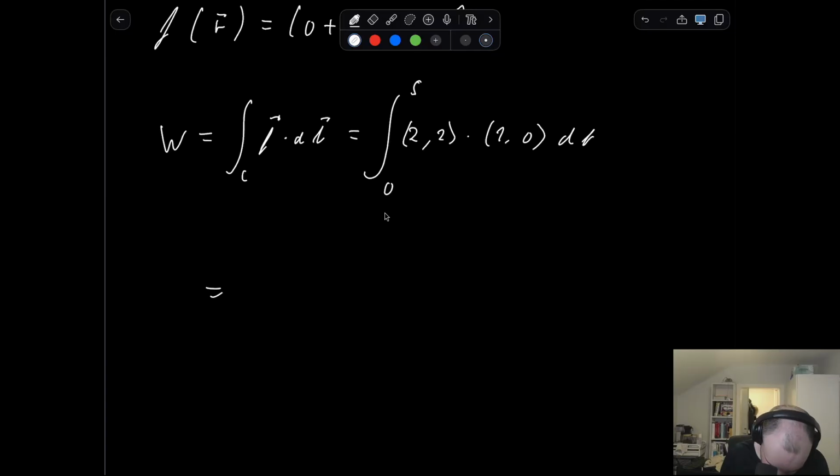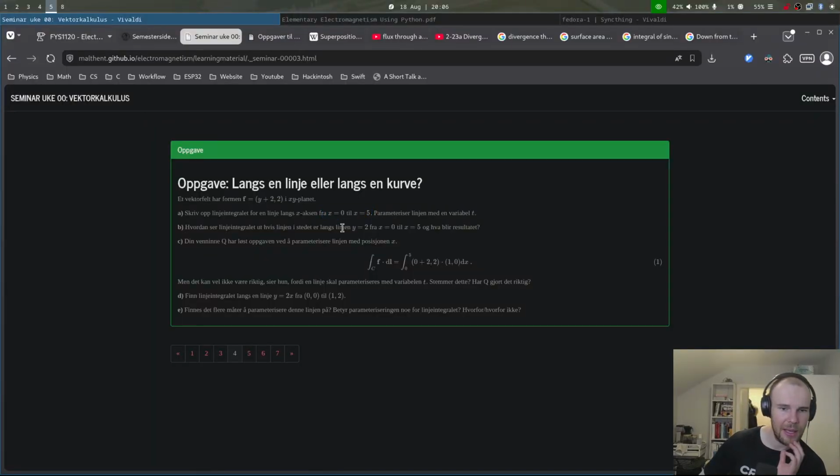We get 2t from 0 to 5, and that's just 10. If y is equal to 2, you just get y there, so it's going to be 2 times 10, and that's going to be 20.